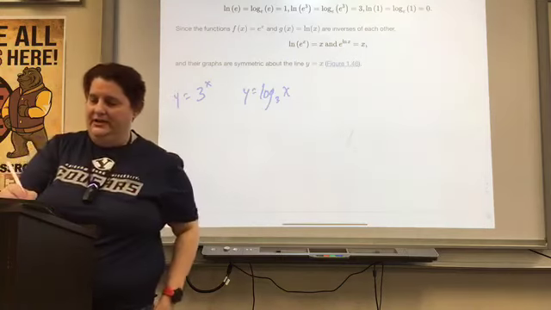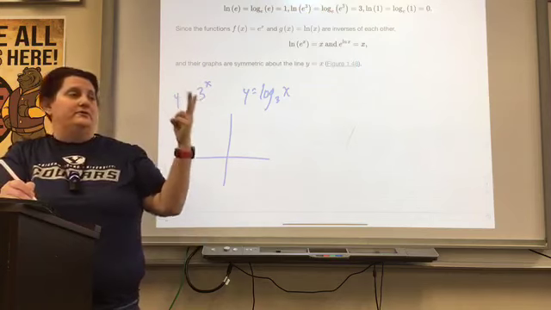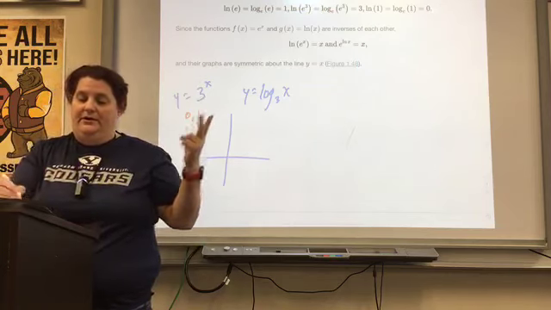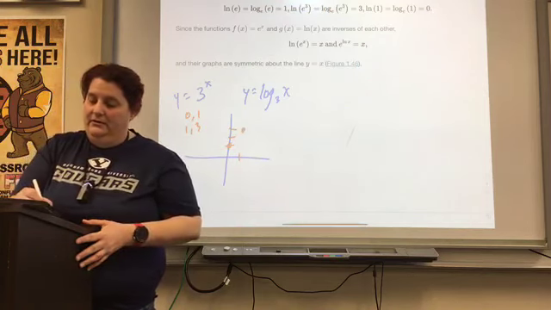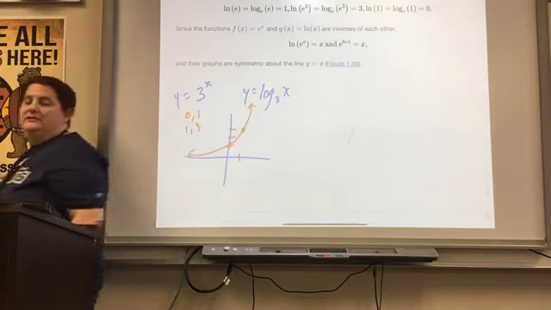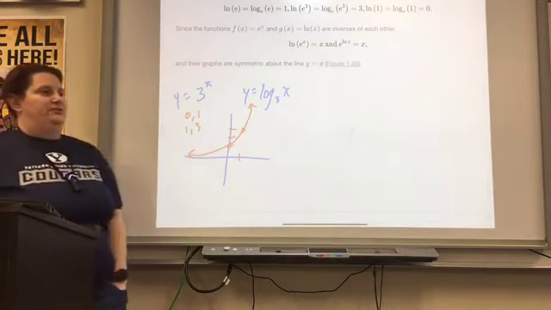When I graph 3 to the x, there are 2 points we're always using: 3 to the 0 is 1, 3 to the 1 is 3. So 0, 1 and 1, 3. That's my graph. Guys, 3 to the x and log base 3 of x are inverses of each other.